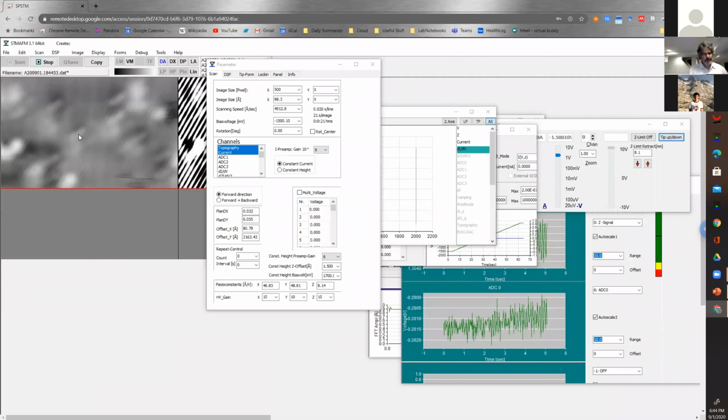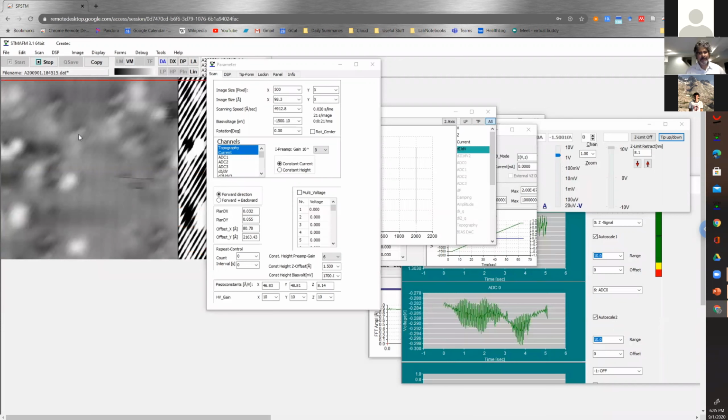Seems to have fixed itself. Sorry, can you say that again? Your mic was making some weird noises for a second there, but it seems to have fixed itself. Okay, thank you. Yeah, it's probably my computer struggling a little bit.